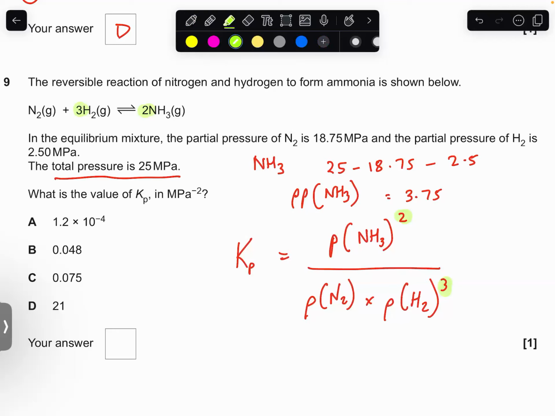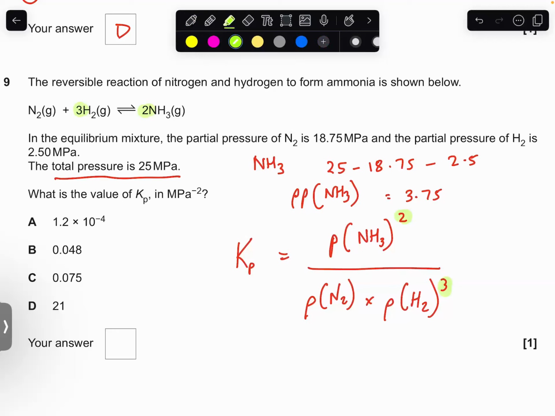Products over reactants. The Kp expression is correct. The partial pressures seem to be correct. What have we done wrong here? Let's try one more time. Could be the calculator. 3.75, let's square that.